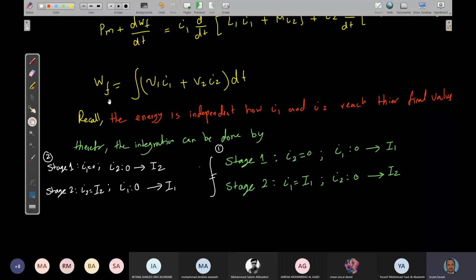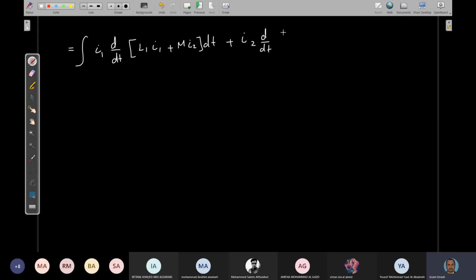So let's try to evaluate the integration. I will rewrite here the integration. So I1 d by dt of L1 I1 plus M I2 dt plus I2 d by dt of L2 I2 plus M I1 dt.